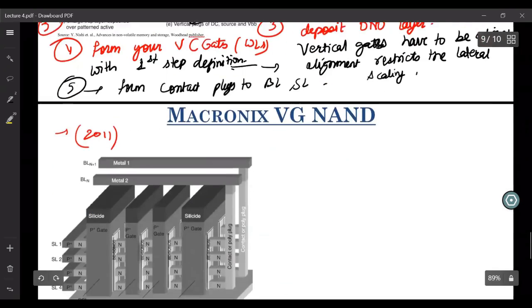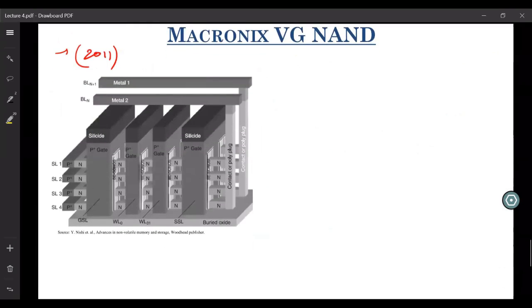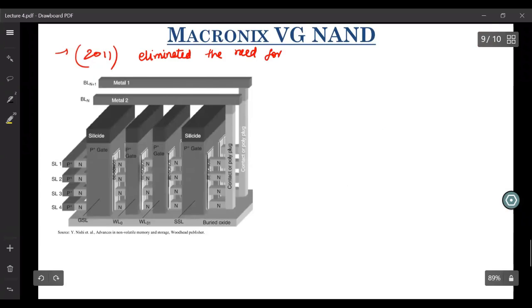Their innovation was, first, that they eliminated the need for that embedded source line or bit line. So how did they come up with this structure?